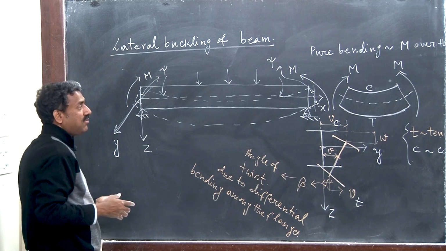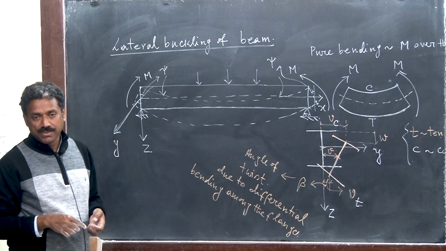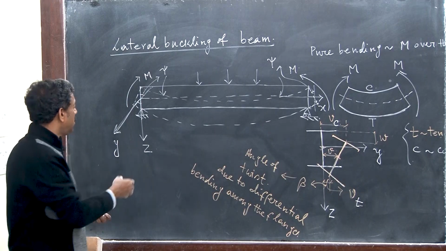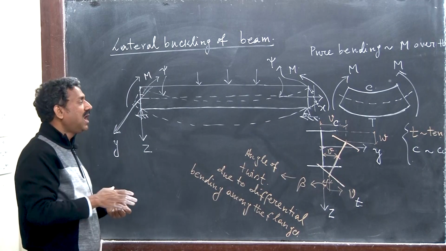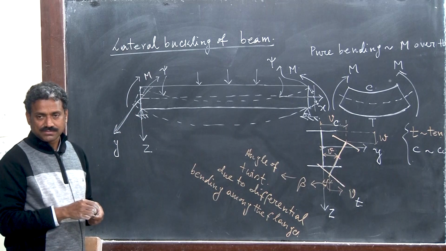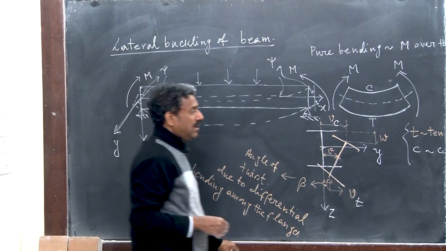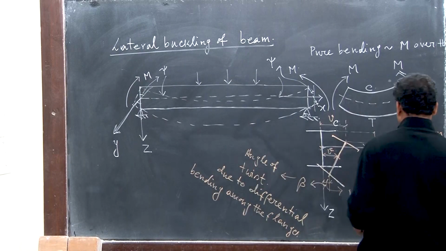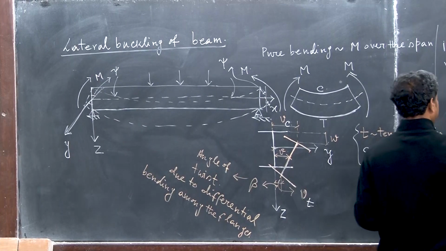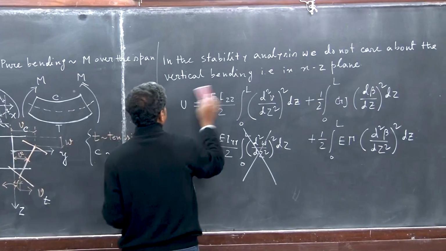We have to find out how to find psi. Psi is the rotation at the end of the beam, with respect to the y axis and in the xz plane. Let us keep that expression and we will come to it later.